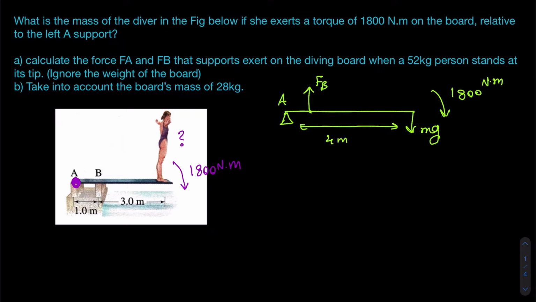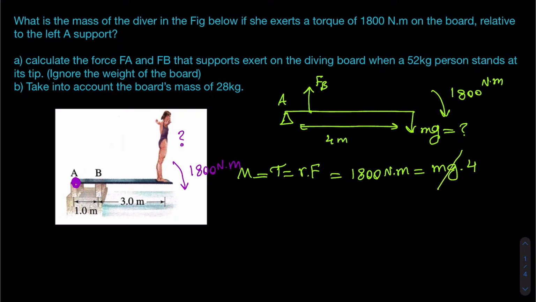So we need to find out this mg by using a simple equation of torque is equal to Rf, or moment of force. We can say 1800 Newton meter must be equal to mg times 4.